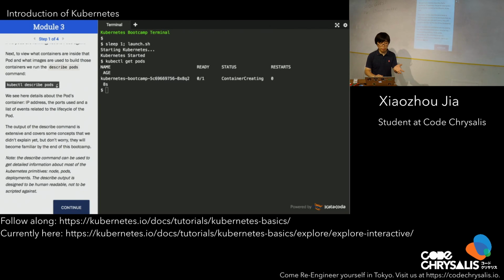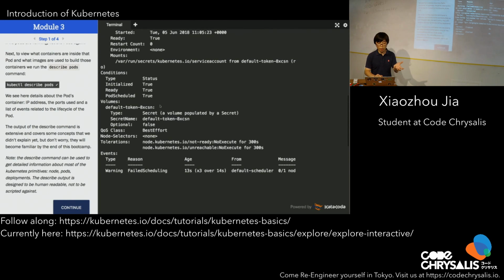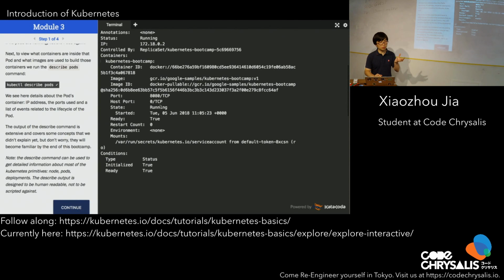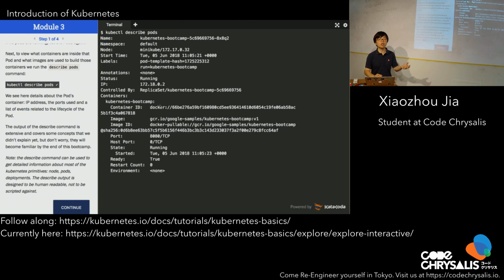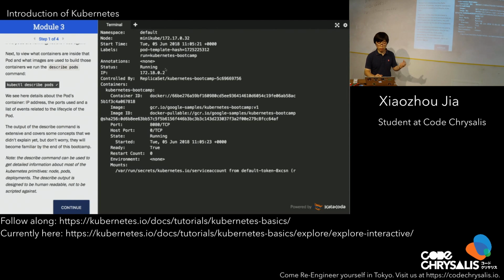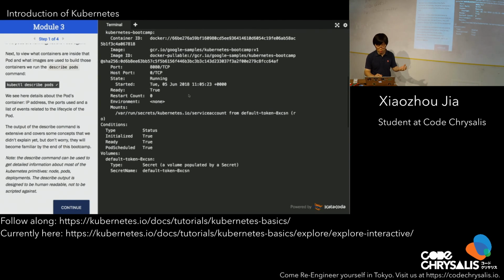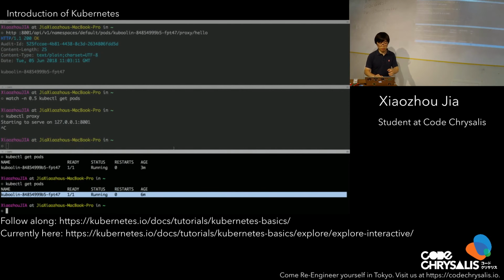And describe pods is just a way to, I don't know other use cases, but I think describe pods was usually used when debugging. So it gives a lot of information. For example, which node this guy is running on, what version it is running, and what image it is running. All kinds of information there.